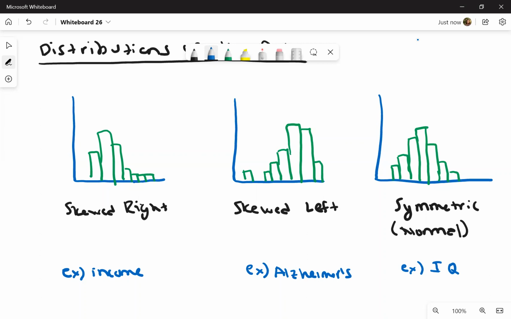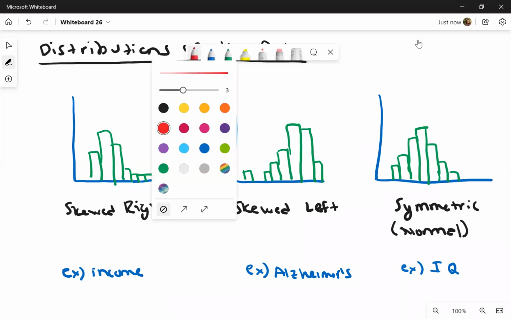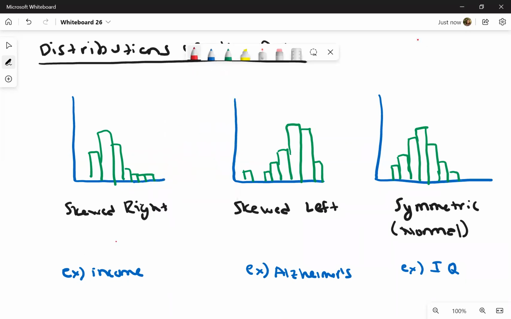So here's what happens. When the data is skewed, sorry, I'm going to switch this to my red pen. When the data is skewed right, here's what we see on the histogram. First and foremost, the tallest category, that is the mode. And then typically the median is in the middle, so it's usually right next to the mode.